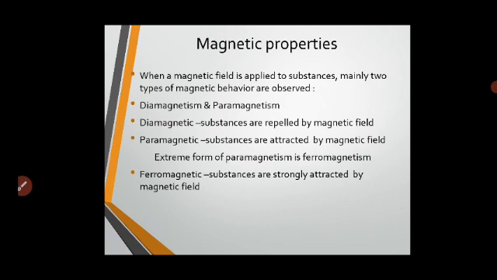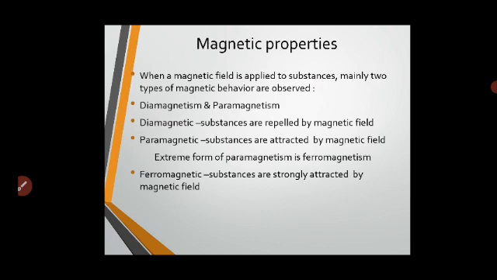Now on what does this magnetic property depend? It depends mainly on unpaired electrons. If the number of unpaired electrons is more, that substance or element is highly magnetic, meaning it gets highly attracted towards the magnetic field.